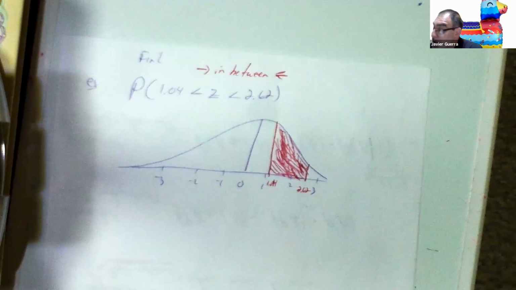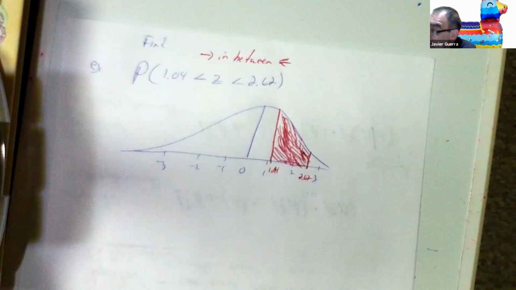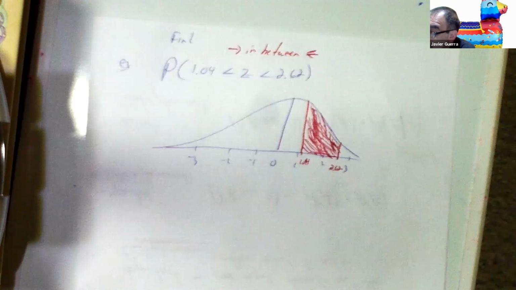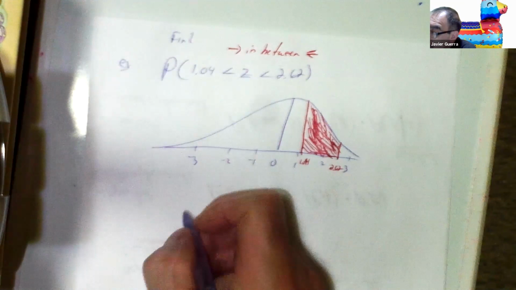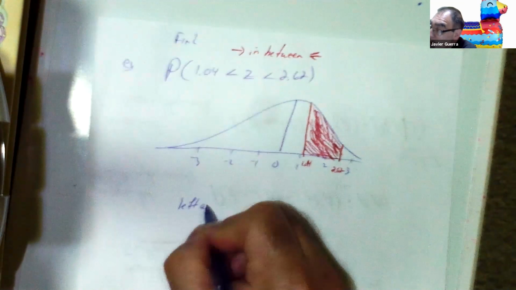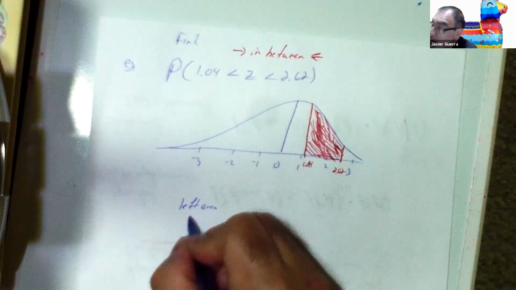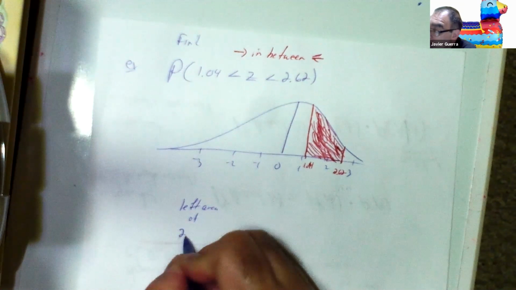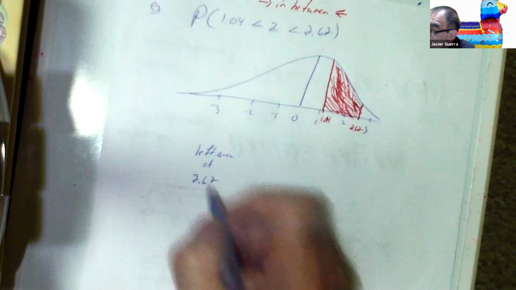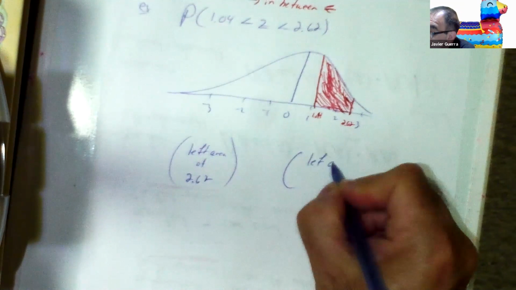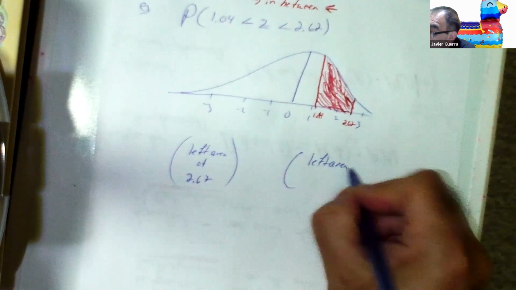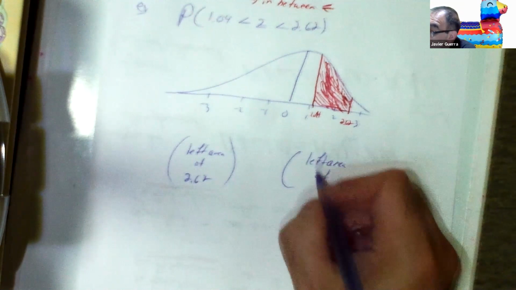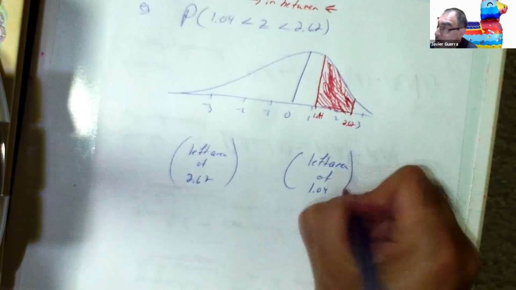Right? So what do we do? You're going to have to look up the left area of the 2.62, and then you're going to have to look up the left area of the 1.04. We're going to have to look up both areas.